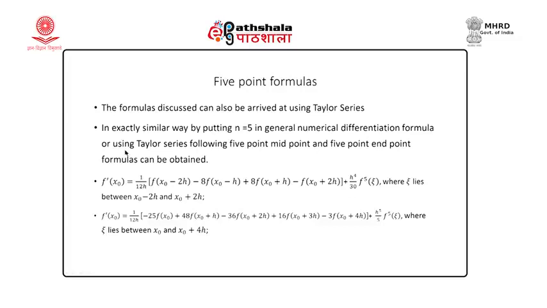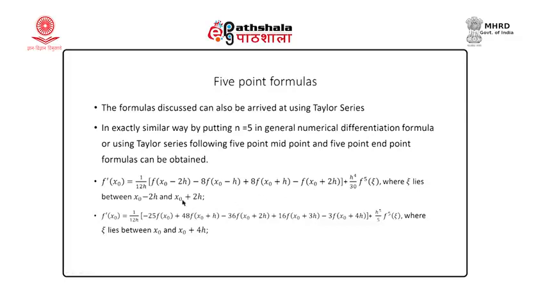So, the formula which we obtain using 5 points is f dash x 0 is given by 1 upon 12 h times f(x 0 minus 2 h) minus 8 f(x 0 minus h) plus 8 f(x 0 plus h) minus f(x 0 plus 2 h), plus error of the order of h raised to 4 by 30 f fifth derivative at xi, where xi lies between x 0 minus 2 h and x 0 plus 2 h. This is like your midpoint.